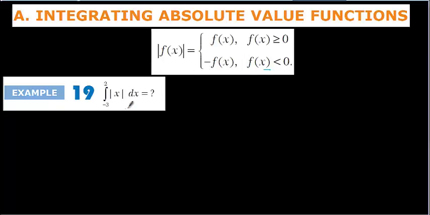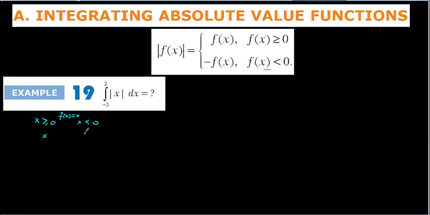So for the integral from minus 3 to 2 of the absolute value of x, we are first going to try to understand where what is written inside the absolute value is positive. When x is greater than or equal to 0, the function is equal to x.